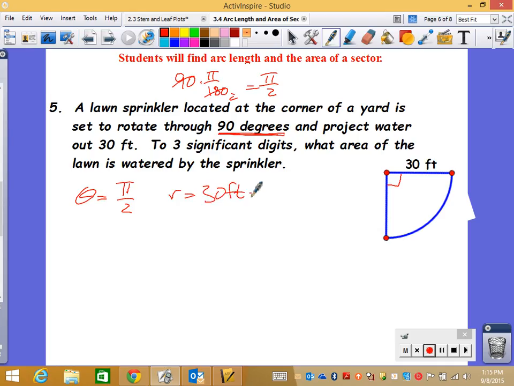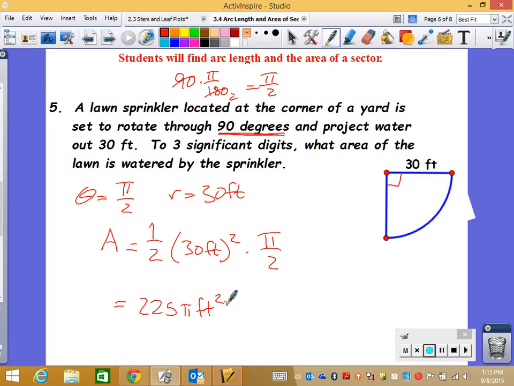Alright, let's just plug in everything we know. We want to know the area. So A is equal to 1/2 times r squared. I know r is 30 feet squared times the radian measure of pi over 2. We can plug that into our calculator. We get 225 pi feet squared.